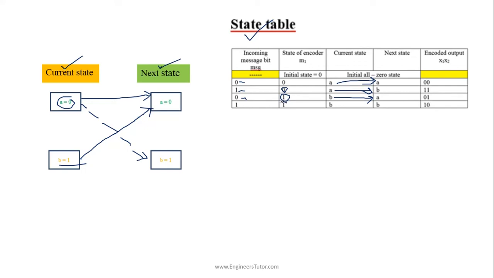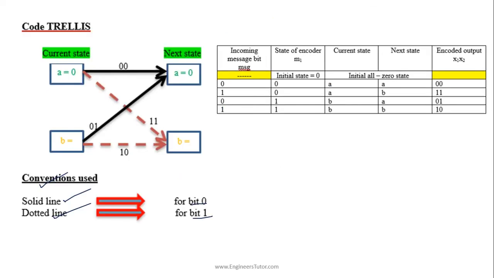And if the present state is 1 and the incoming bit is 1, the state changes from B to B. For incoming bit 1 we use a dotted line. So finally, from this state table we can draw the code trellis in this manner.